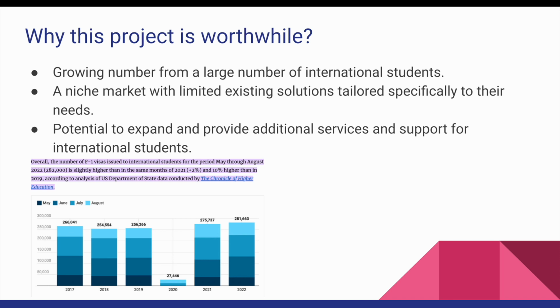It is growing in number, and every year a large number of international students come to the US for their higher education. According to fall 2022 data provided by the US State Department, a record 280,000 F1 visas were processed, and if we just count 20% of the users being converted to our web application users, and even if they pay a minimum of $10 per person, our app would generate close to half a million dollars in projected revenue.